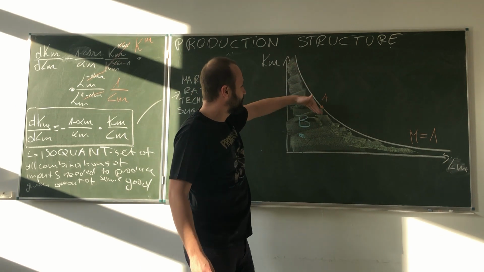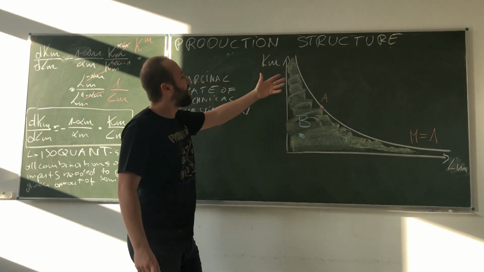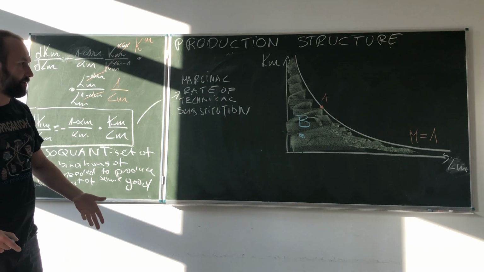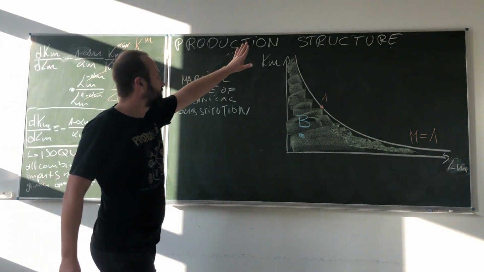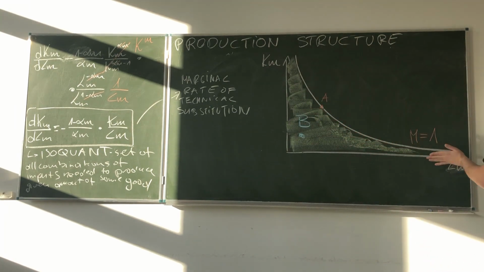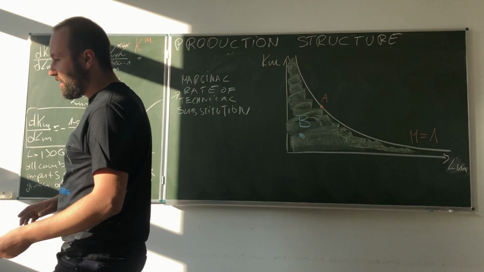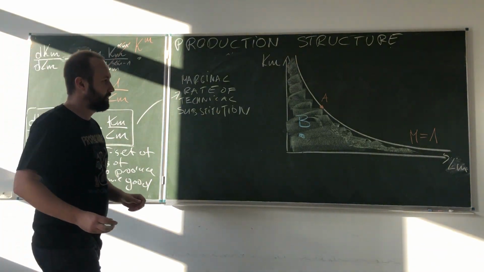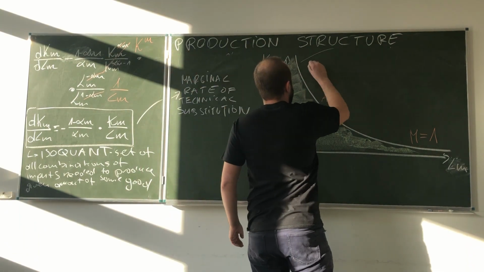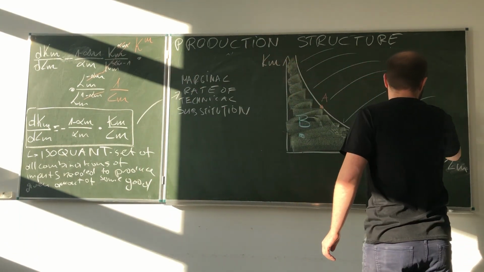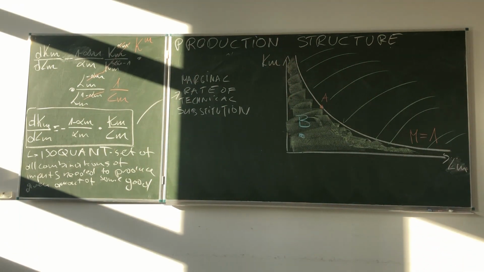We are below this line, so we can build like half of a unit, or a third. So every combination below is not enough to produce 1 unit. Every combination above would be inefficient.